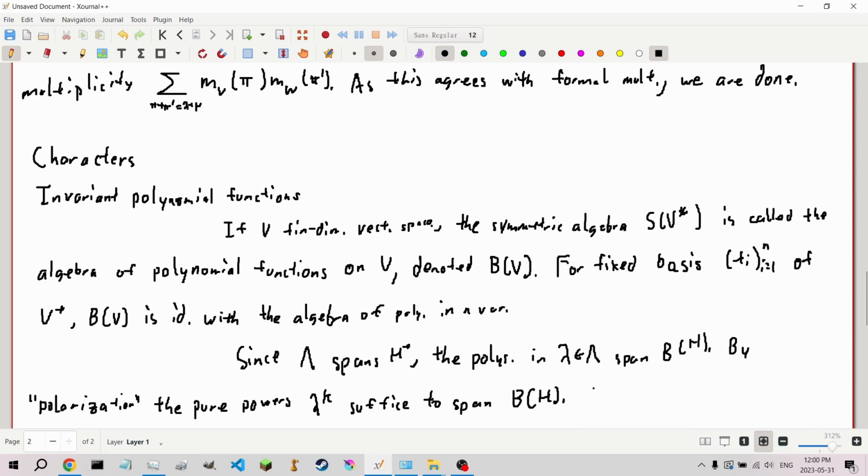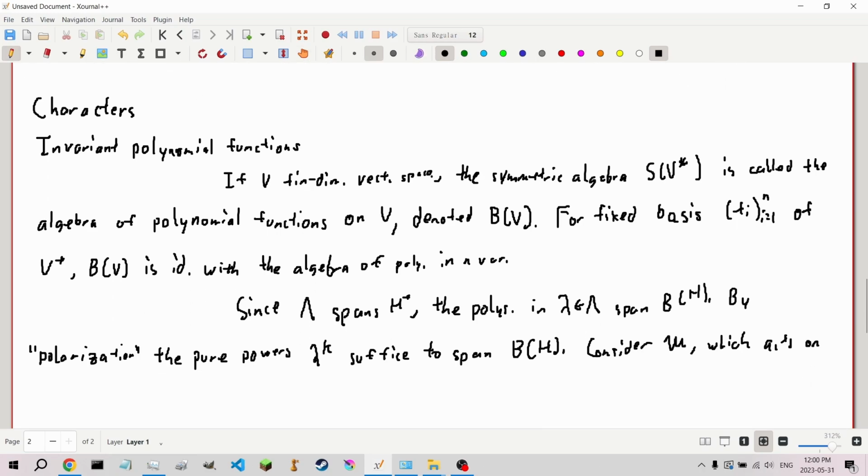Now consider the Weyl group, which we know acts on H star, and hence is going to act on its algebra of polynomial functions.